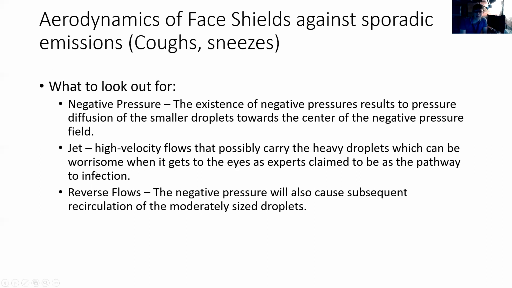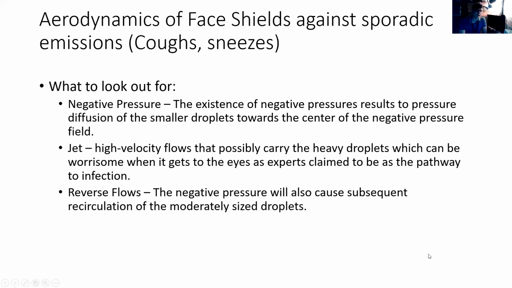Jets are high velocity flows that possibly carry the heavier droplets, since there's high flow energy that feeds the projectile motion of these heavy droplets, which can be worrisome when it gets to the eyes, as droplet experts have proclaimed it a pathway for infection. So if it gets to the eyes, there's a chance that we might be infected with COVID-19 in this scenario.